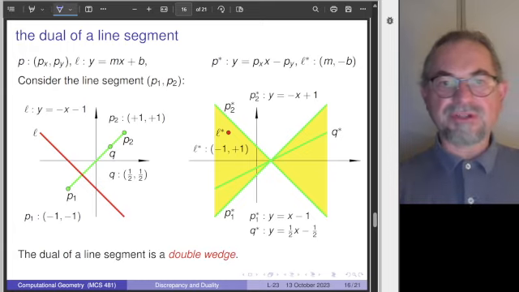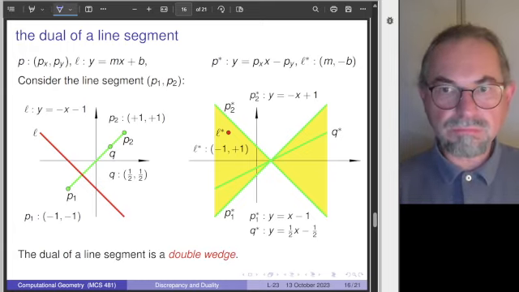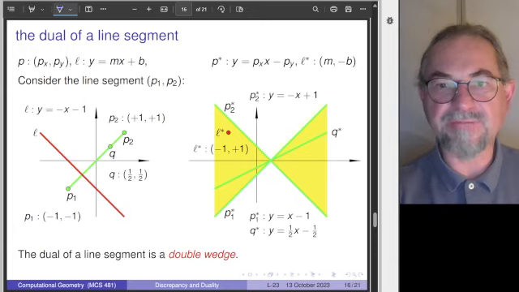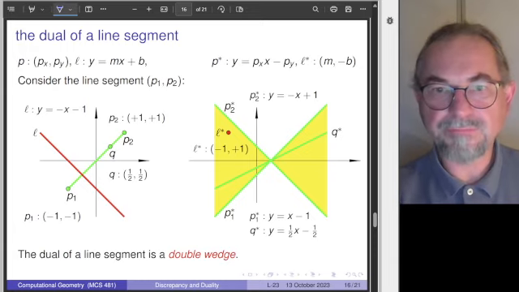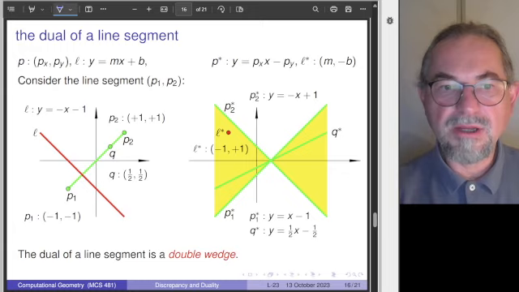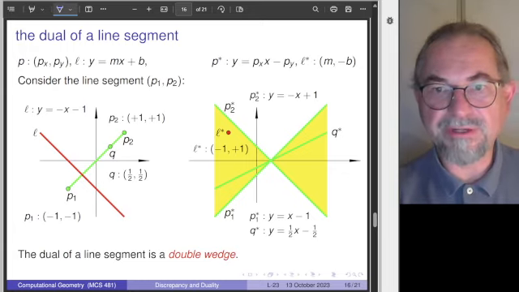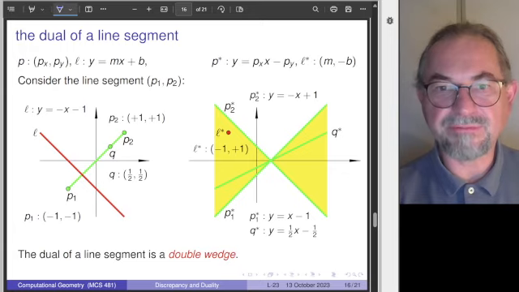So it's a kind of mixture. What it means on the right is that you let this line Q star slide. So you have a range for its slope. So it's a double wedge. We have a left part of the wedge and a right part of the wedge.